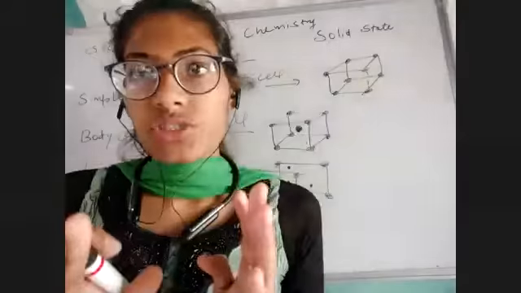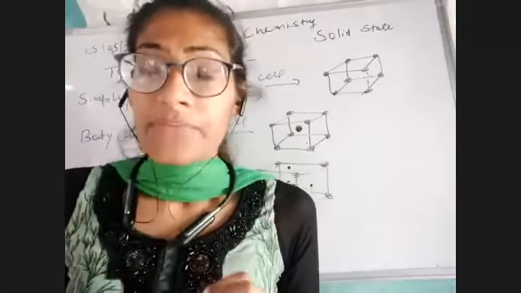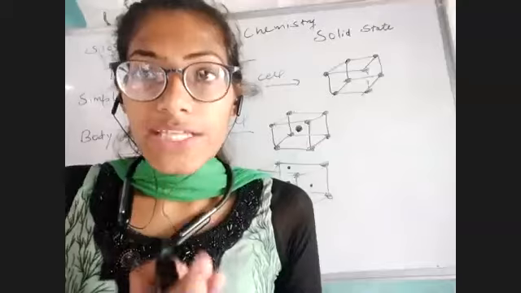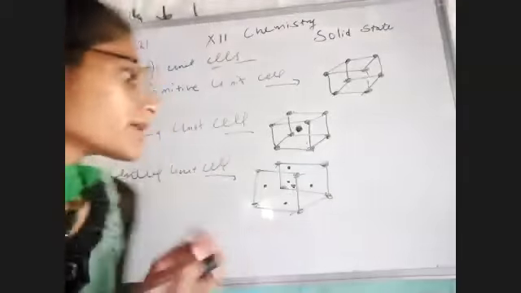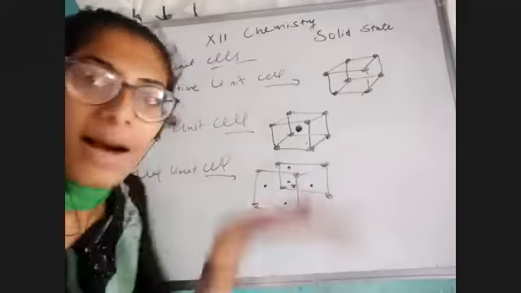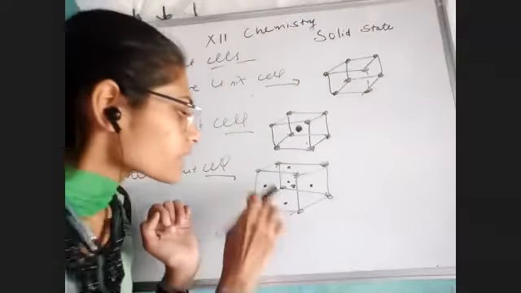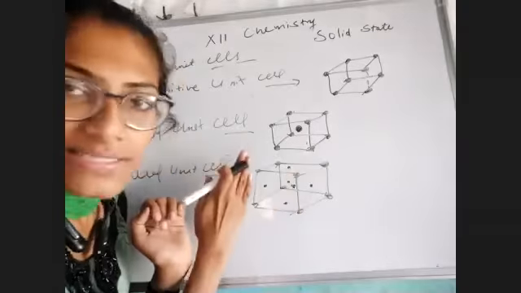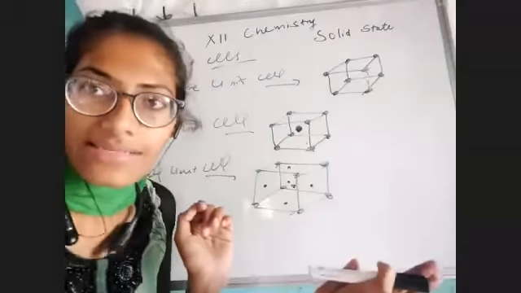In a three-dimensional cube, we have a total of 6 faces, and in each face one atom is present. So this one represents the upper face, this one the lower face, and the others the right-hand side and left-hand side.